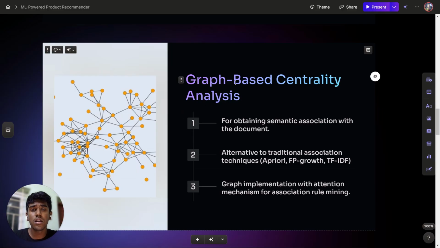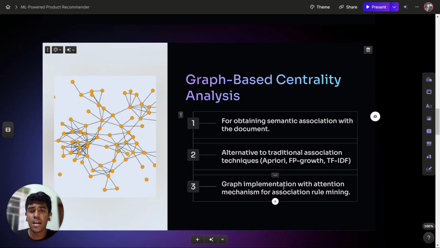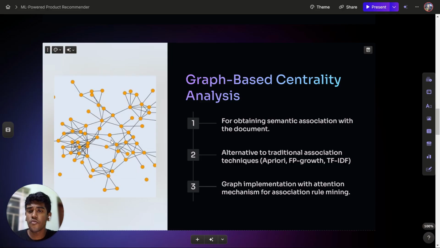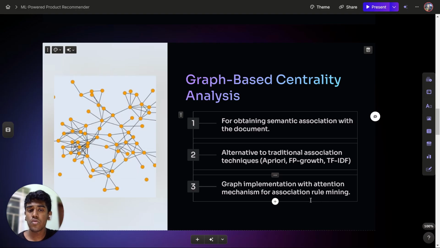Here, graph-based centrality analysis means there is a graph implementation along with some sort of attention mechanism, which you can find in a transformer. This is what we use for association rule mining here.